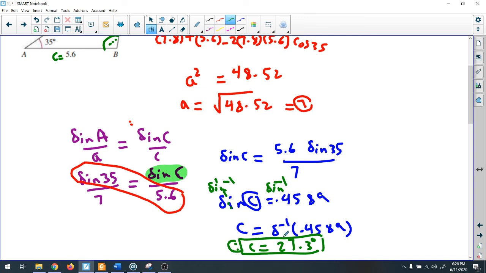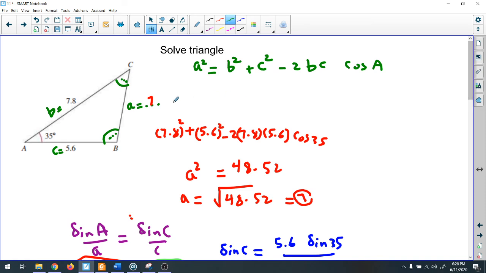Important. So this is 27.3, and we know the measurement of this angle is 35. So what we could do here to find the missing angle is to add 27.3 plus 35 and subtract it from 180.